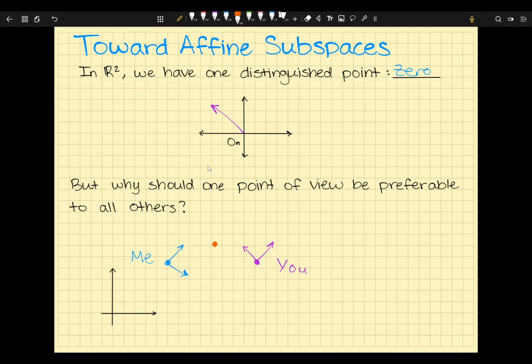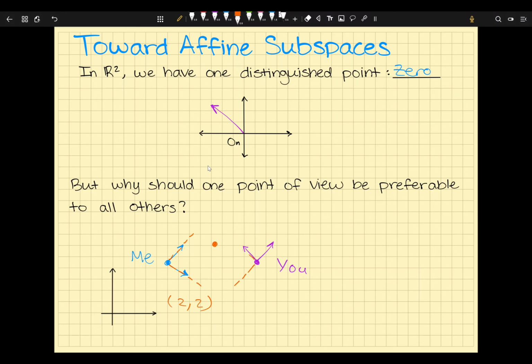From my point of view, I see this point as having these coordinates. I measure along my local x-axis there and along my local y-axis going here. So I would look at this point and say that's roughly maybe 2, 2. Then you would measure it differently: in your perspective, you would measure along the x-axis going negative, and then along the y-axis there.